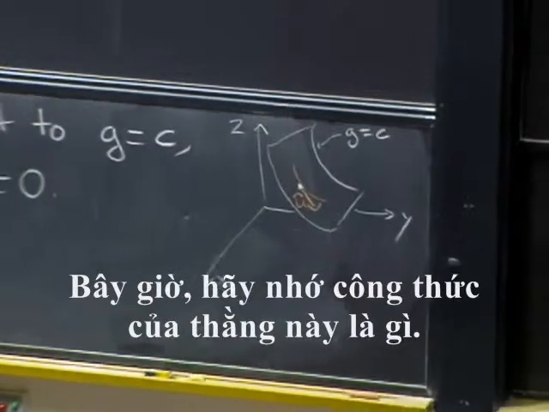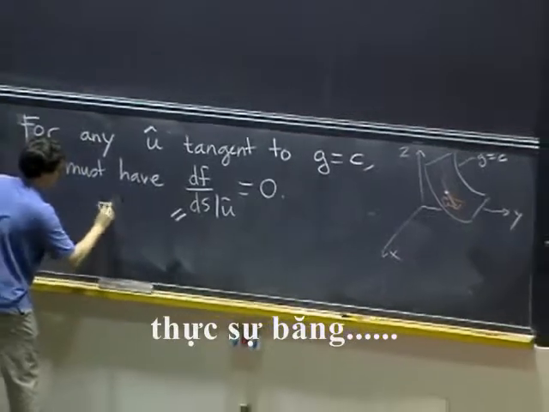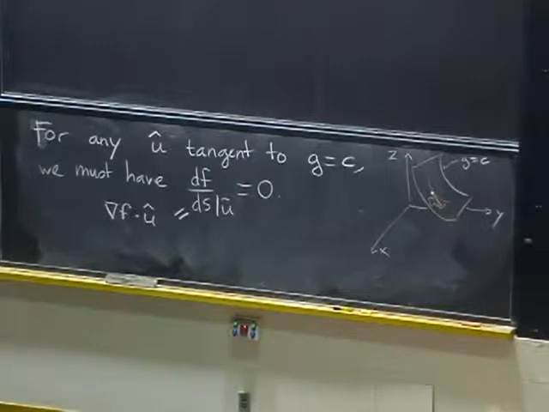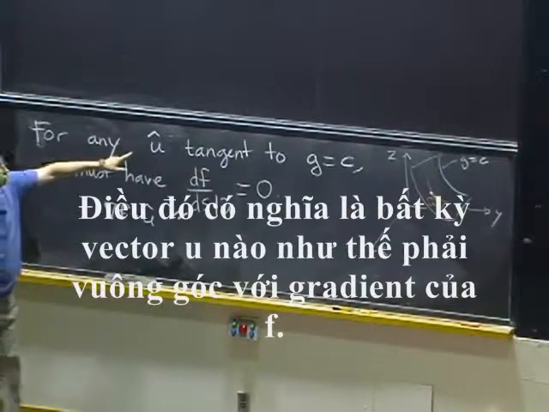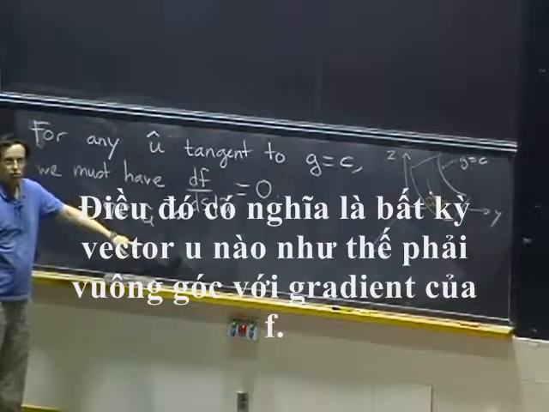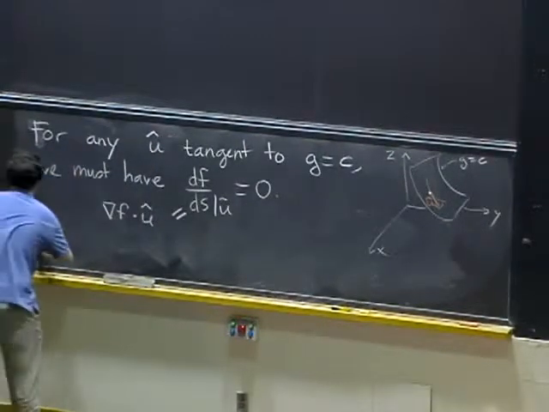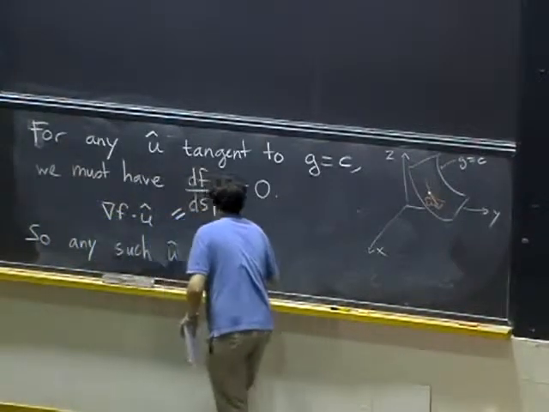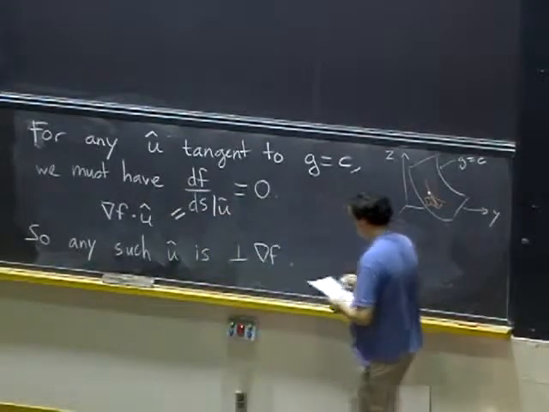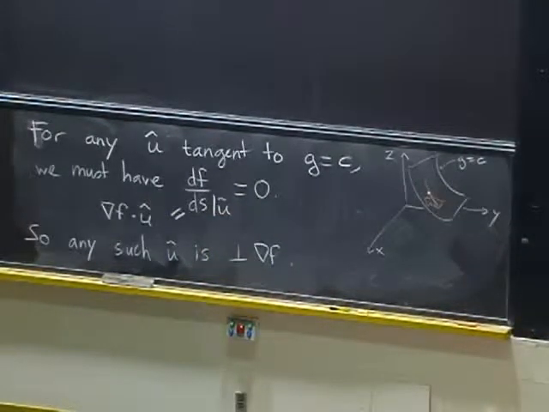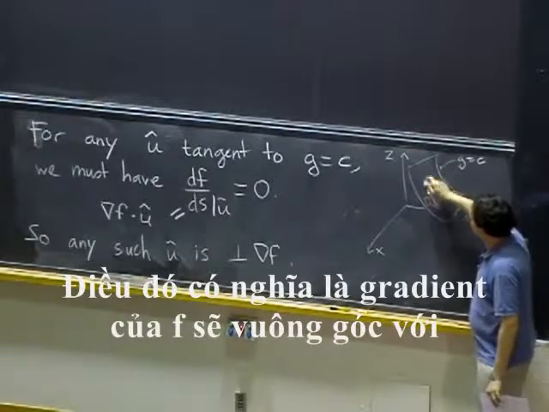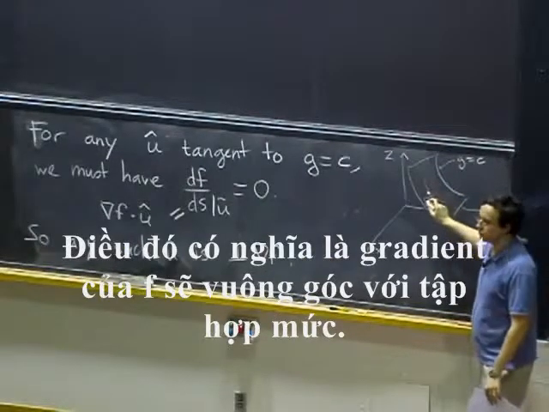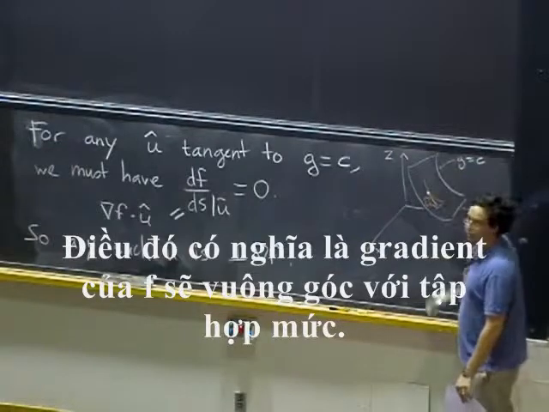Now, remember the formula for this: we've seen that it is actually gradient f dot u. So that means any such vector u must be perpendicular to the gradient of f. So the gradient of f should be perpendicular to anything that's tangent to this level, which means the gradient of f should be perpendicular to the level set.